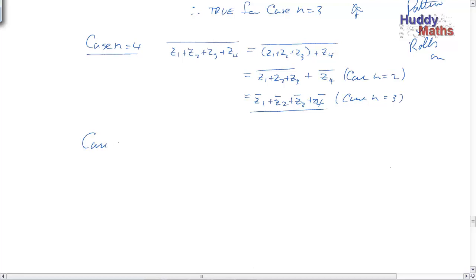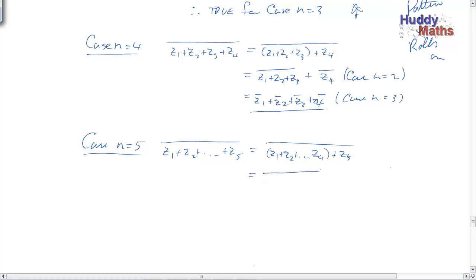Now, case n equals 5. Some people argue that that's enough up there, but I think you should do it with three cases or inductive steps. It's called the inductive step, where you're using the same way of getting to the next value as you did for the previous ones.